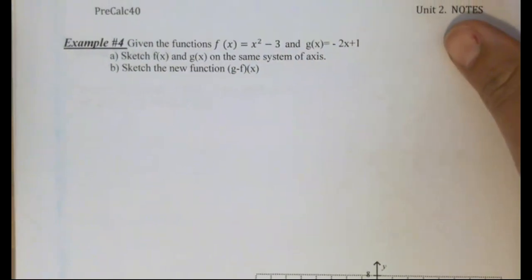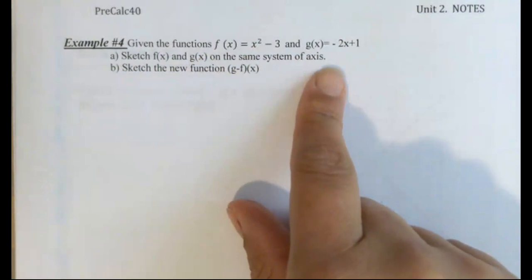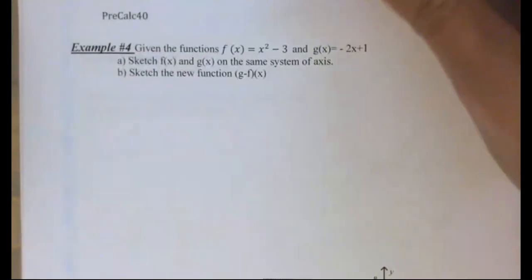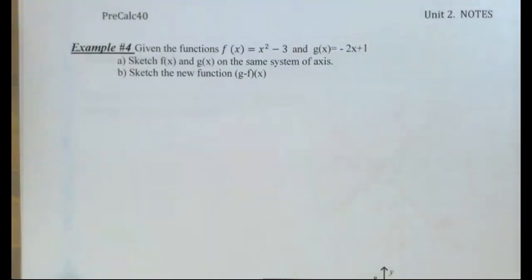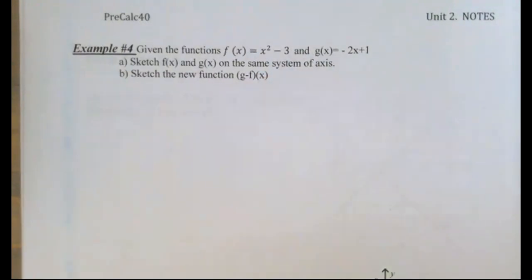That's a linear function. Sketch f of x and g of x on the same system of axes. So you're going to sketch it over here. Basically, you're setting up the question the same way example 3 was set up. So we're going to put those graphs on the Cartesian plane, and then we're going to sketch the new function, which is g minus f of x.